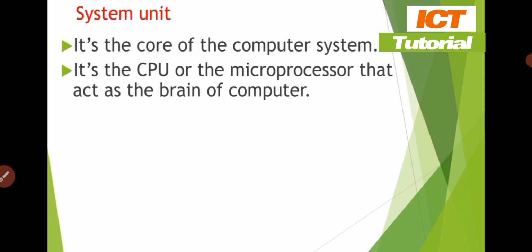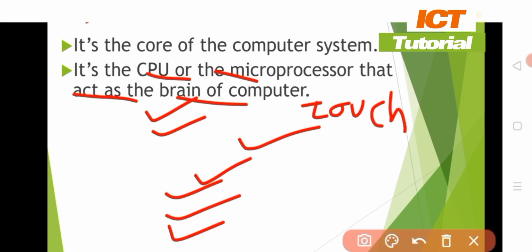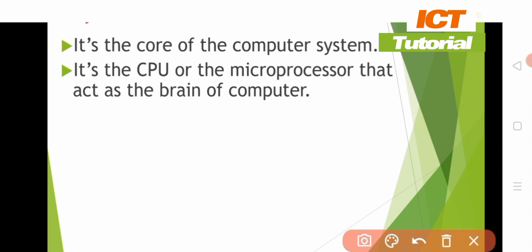The way you as a human being have the brain in your head, the CPU or the system unit acts as the brain of a computer. So when you use the computer hardware, for the software to function, the CPU acts as the brain. It means it does the processing. When you hear the microprocessor, it means it does the processing. It's the main part of the computer.